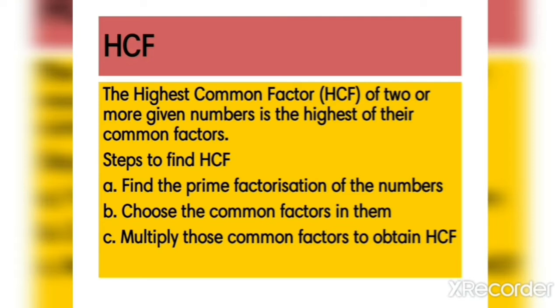What is the full form of HCF? Highest common factor. Highest common factor of two or more given numbers is the highest of their common factors. We have learned how to find common factors of numbers. Here we will learn how to find the highest common factor.